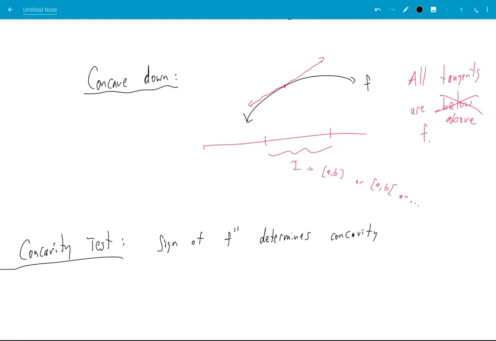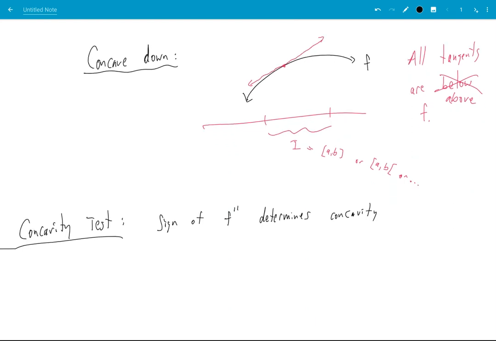Sign means, is it positive or is it negative? So a positive f double prime is going to give me concave up. A negative f double prime is going to give me concave down.